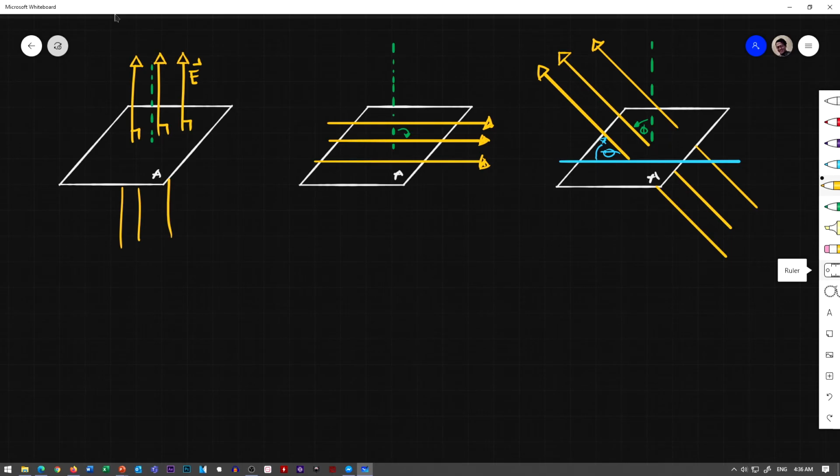So for the first example, let's calculate the electric flux of this one. So you would have an idea. Electric flux is what? Electric field times cosine phi times the area. So in this case, phi is coinciding with the electric field, so that means the angle between them is 0, right?